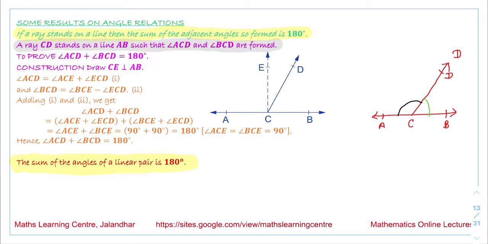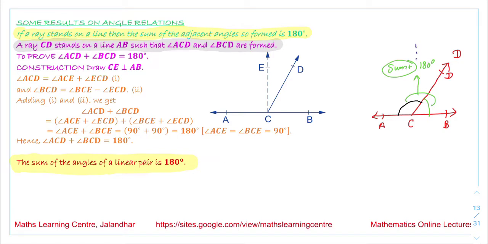What we have to prove is that the sum of these two angles is 180 degrees. So how we are going to prove this is, we are going to do some construction over here. Construction means to prove something we are going to draw over here.